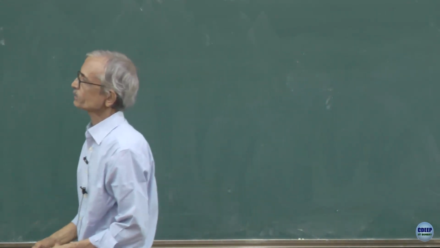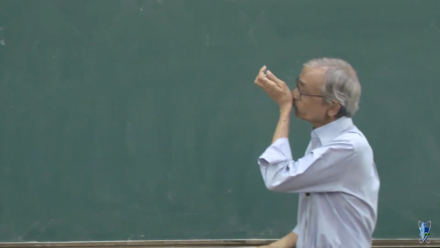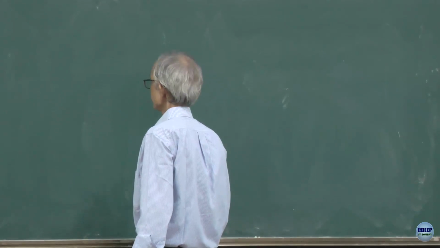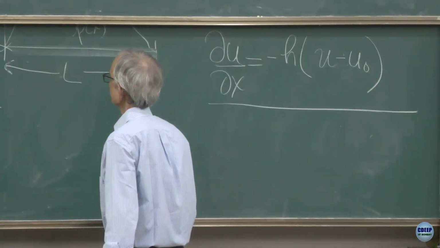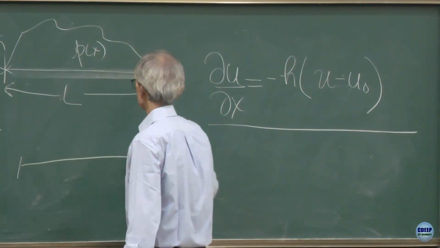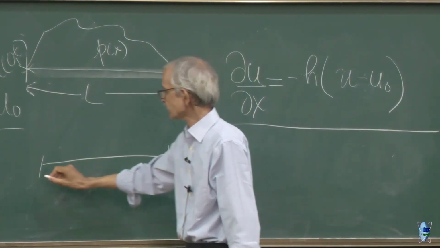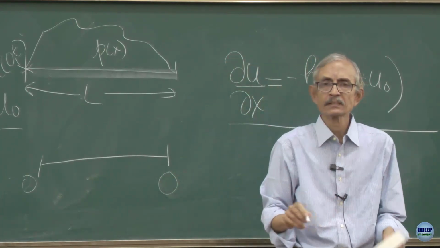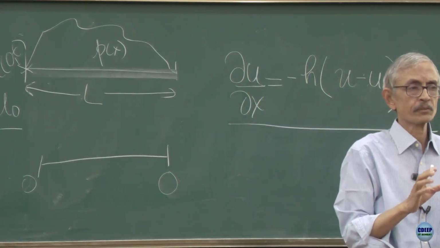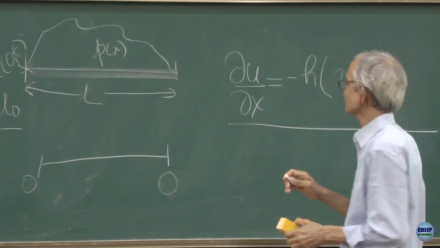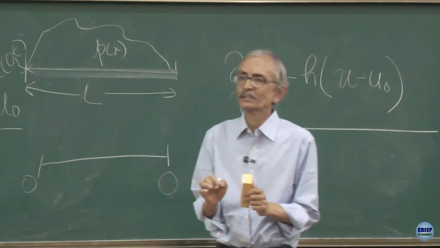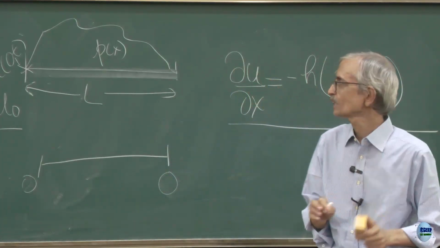Separation of variables you will try to do, but before that, if you look at the previous example, remember, we had a 0 here and a 0 here, and we said that the zeros are helpful to us. If you have homogeneous boundary conditions, they are helpful to us.